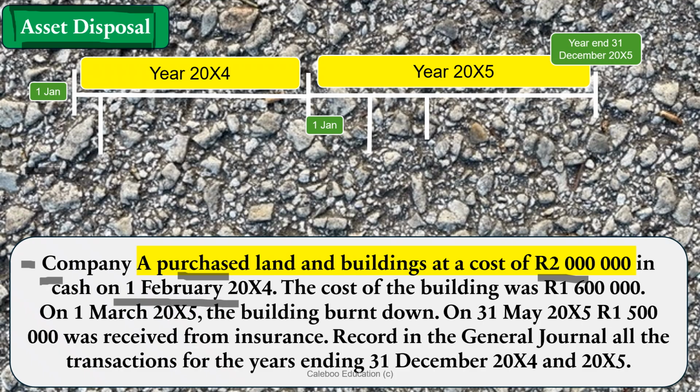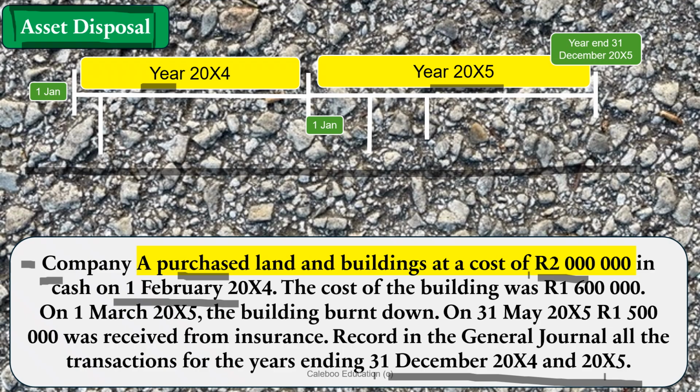I have a timeline with year 2004 and year 2005, because we're going to do the transactions at the end of 2004 and 2005. Let me read a little bit further.